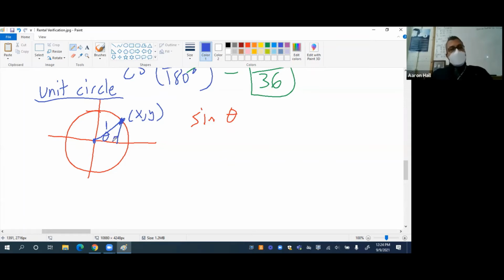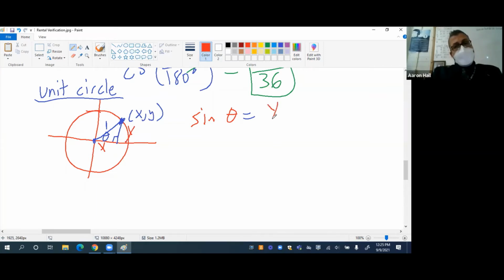If I consider what sine is, what is sine of theta in this case? So this is my x. I have so many spaces to the right or left, and then so many spaces up or down. So it's going to give me what again?